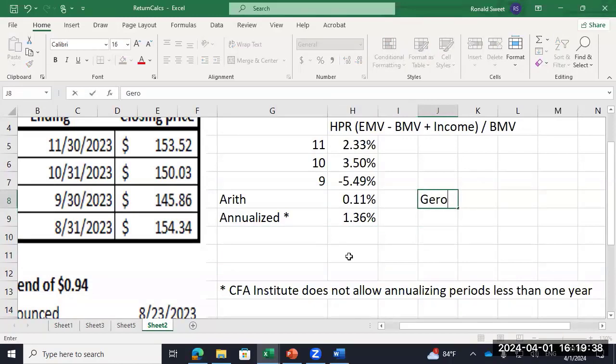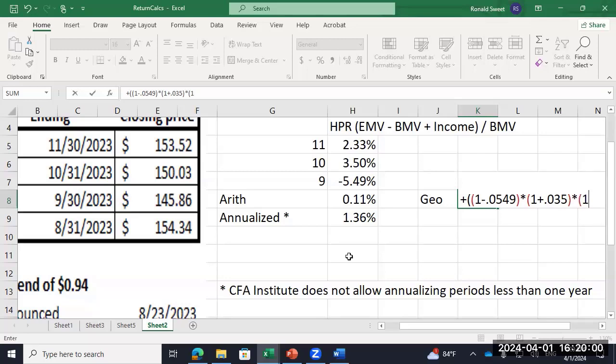And then the geometric, a little bit more work, right? And here you probably want to collect this as you go. So 1 minus 0.0549. So you end up with like about 94 cents at the end of the first month. But the next month, you're going to make 3.5%. So you're kind of back up to 98 cents or so.